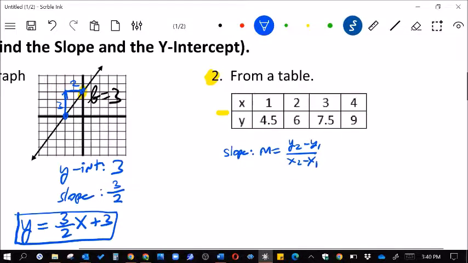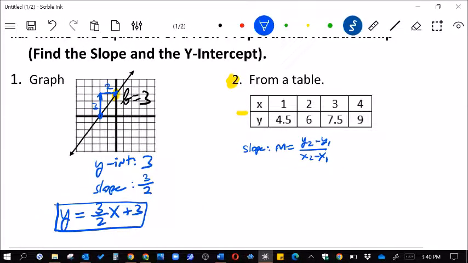I need to determine here which ones I want to use. Well, let's just use the first 2. So this is the second pair, so that's y2, and this is y1. So that means it's 6 minus 4.5. And on the bottom, that's x2 and x1. So it's going to be 2 minus 1. So I get 1.5 over 1, or 1.5.